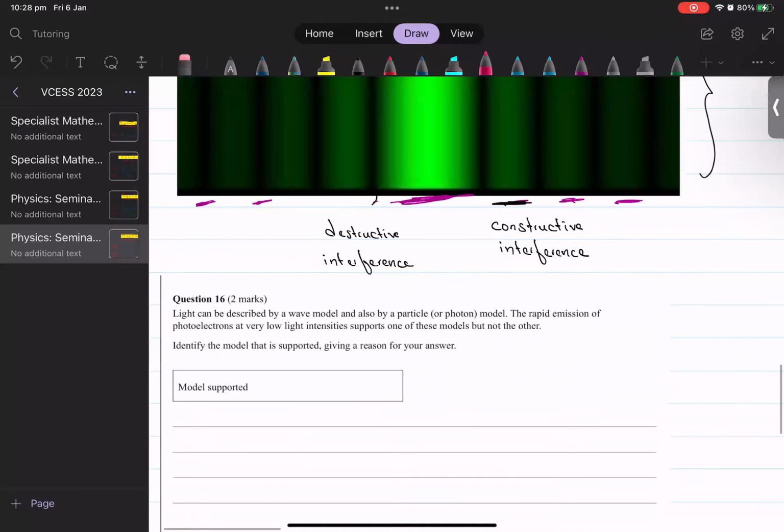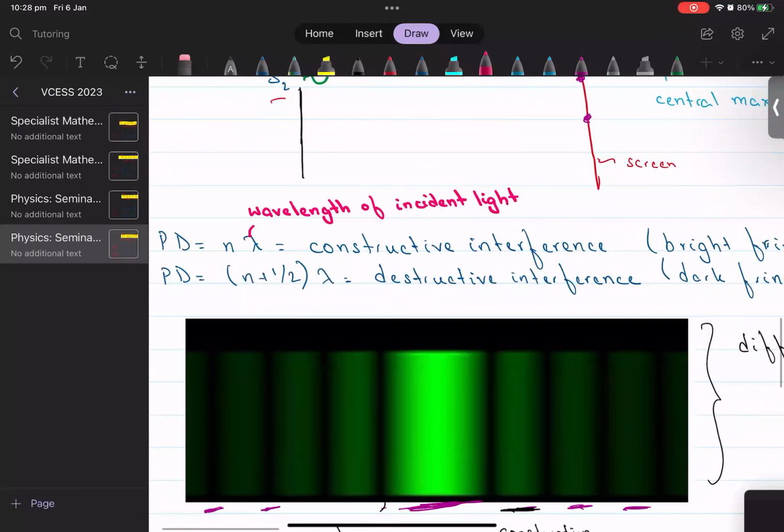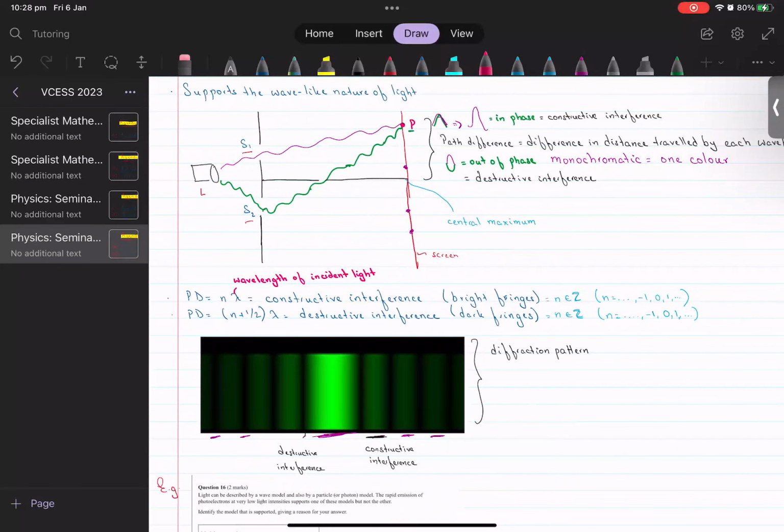Okay, so this model supports the wave-like nature of light. I know I haven't elaborated in too much detail about the wave-like nature of light, and that's because I can't do that in the time constraints that we have. I would strongly recommend that you look through wave mechanics, wave physics, or wave optics, whatever it's called these days.